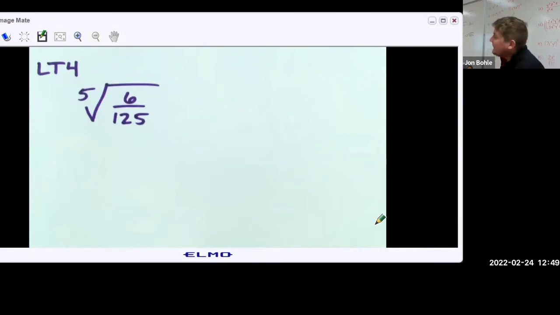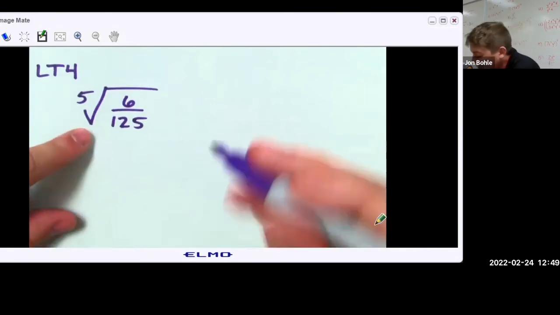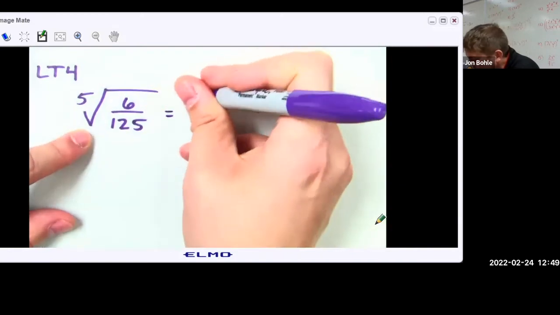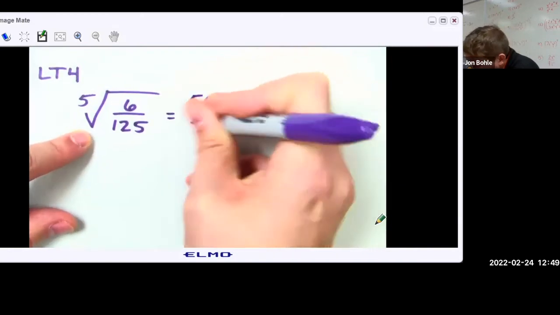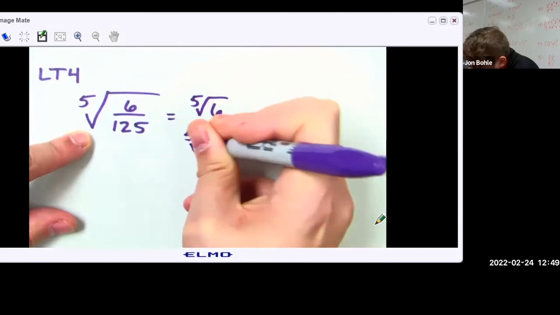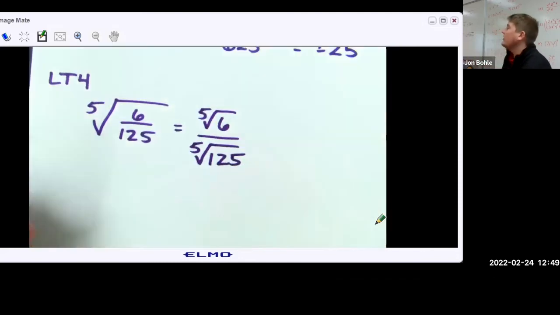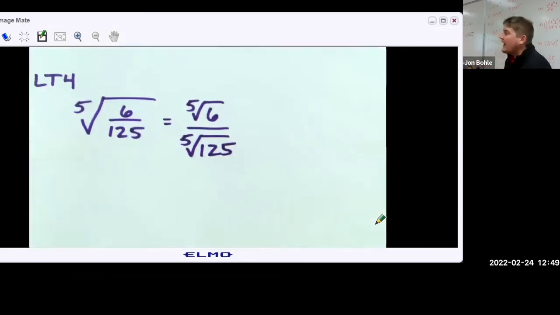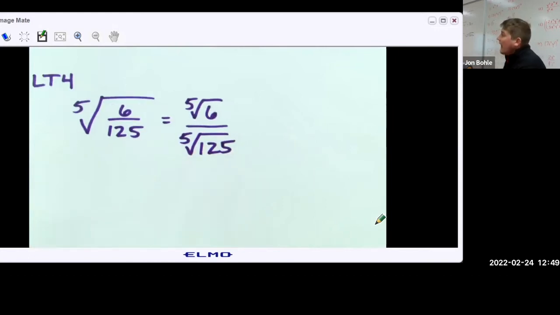I cannot have a fraction inside my radical. So maybe the best place for me to go is to radical the top and radical the bottom. But then I realized that I cannot have a radical on the bottom of my fraction. So what do I have to do to the bottom here?